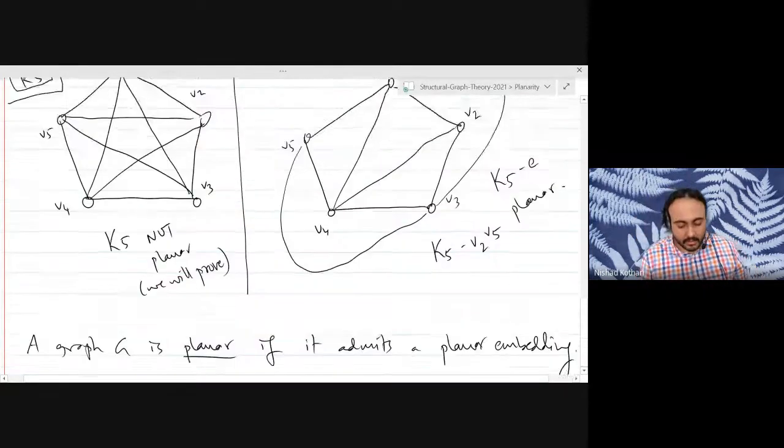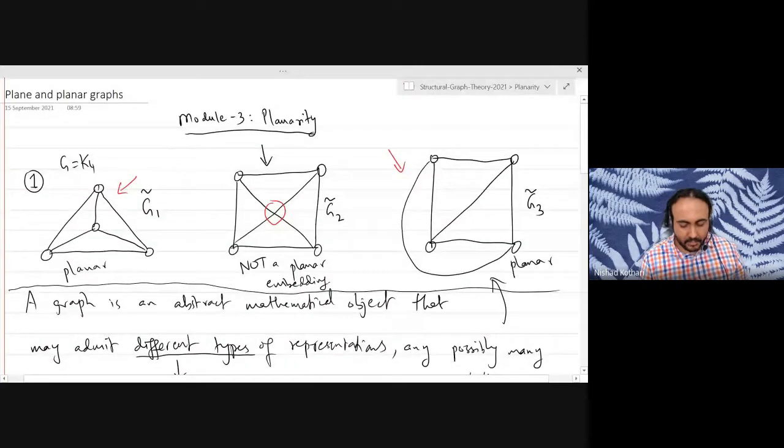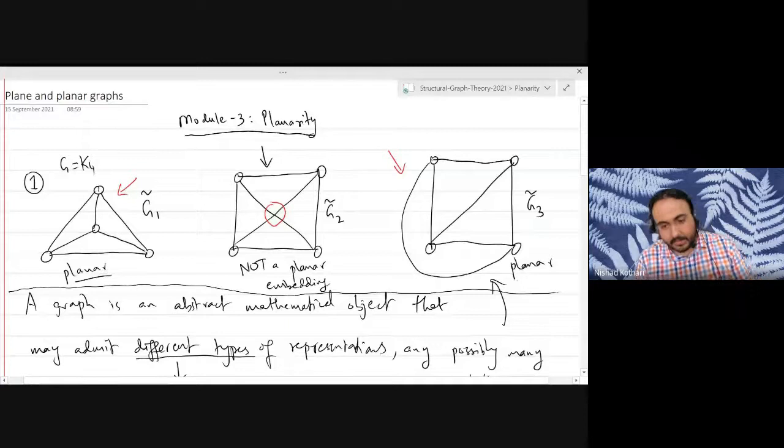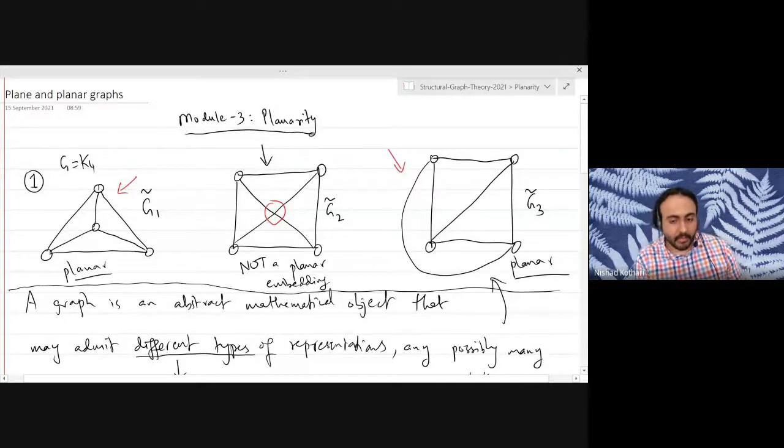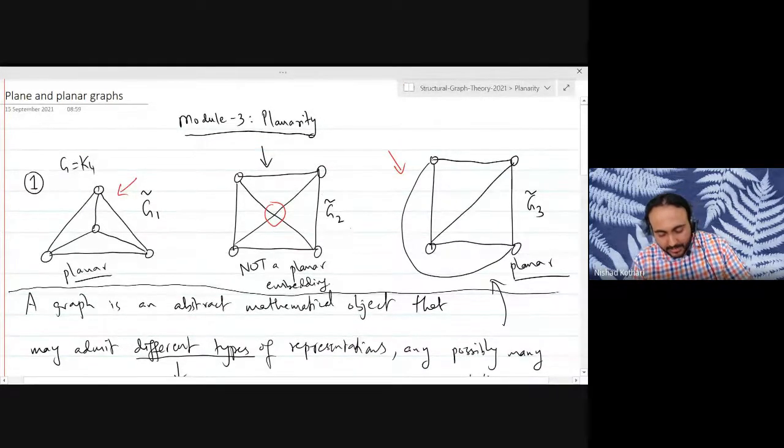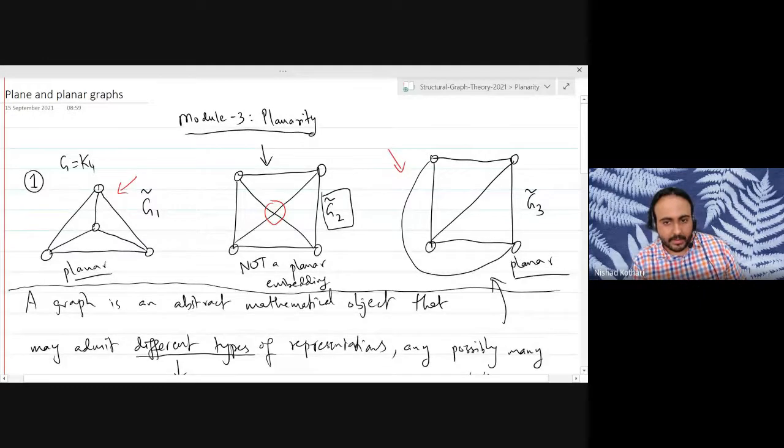In particular, the first graph we looked at, K4, is planar because it has planar embeddings, at least one. So just because G2 tilde is a non-planar embedding of K4 does not mean K4 is non-planar. K4 is planar because it has planar embeddings.